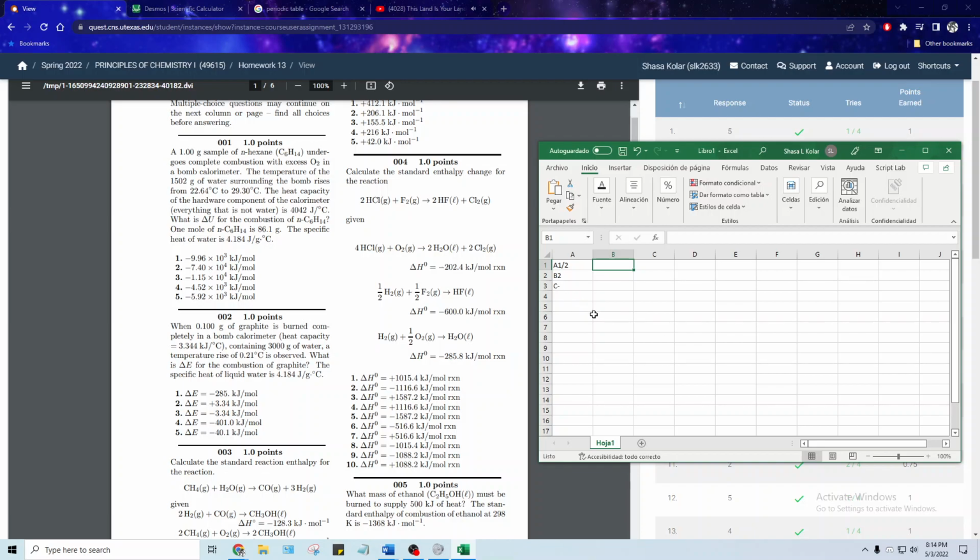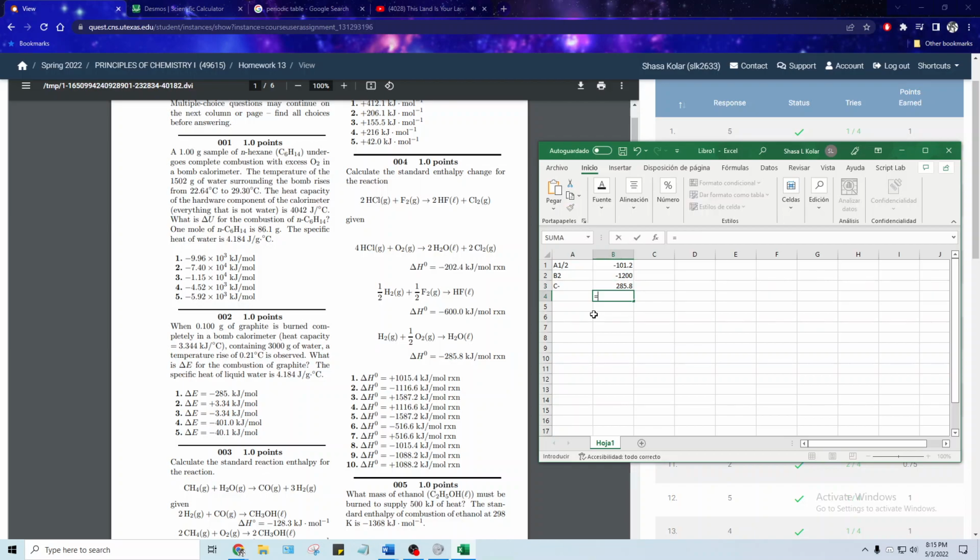Anyway, so we're going to be dividing this one, so it's going to be equals negative 202.4 over 2, and then this one is going to be multiplied by 2, so equals, that's just negative 1200. That's not too hard. And then this one's just going to be positive 285.8.